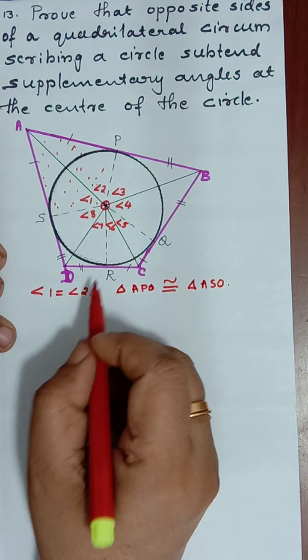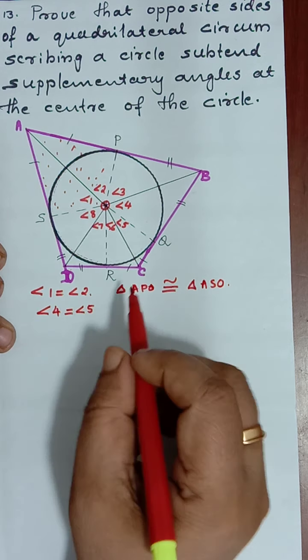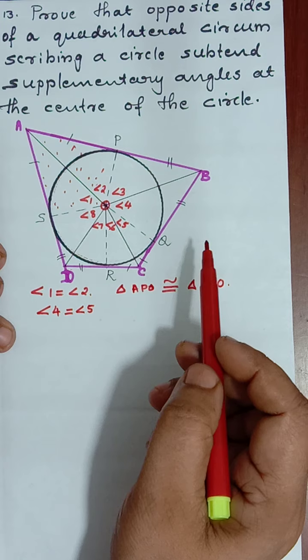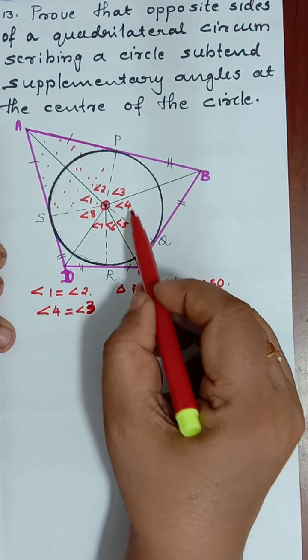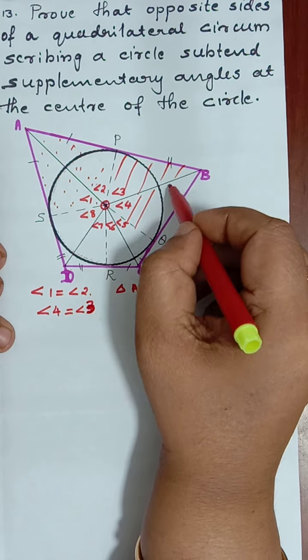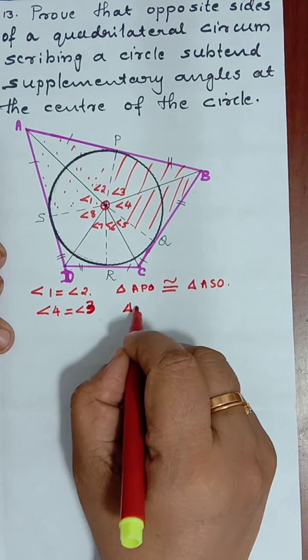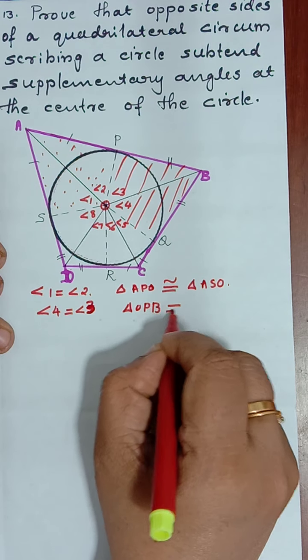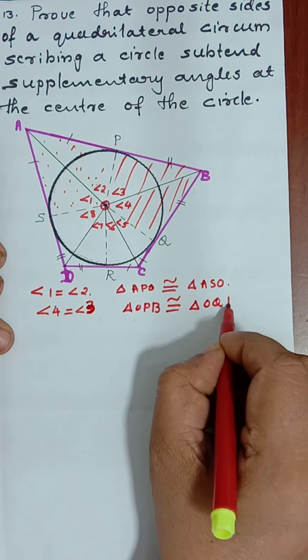Similarly, angle 4 is equal to angle 3 we can say. These are the two triangles, 4 and 3. They are congruent: triangle OPB is congruent to triangle OQB.